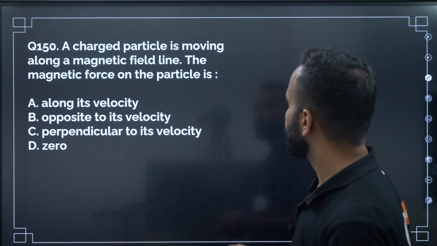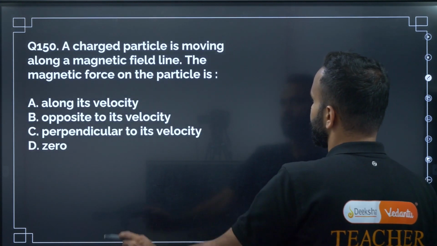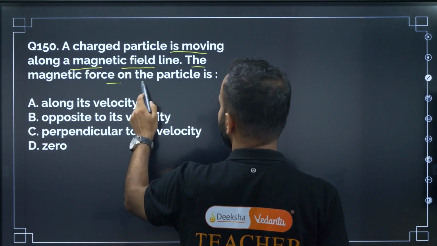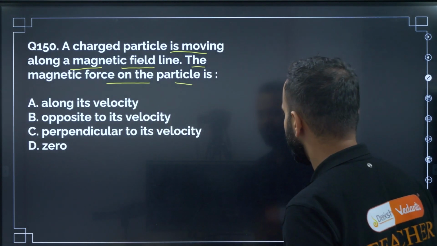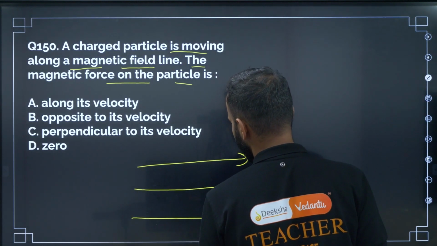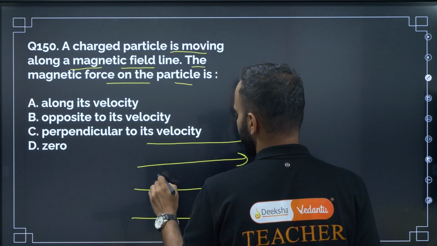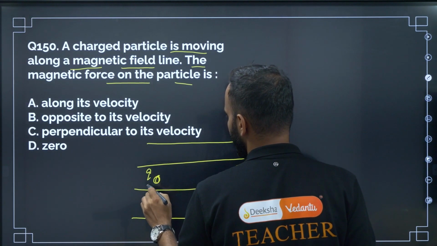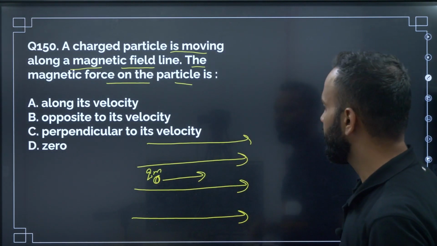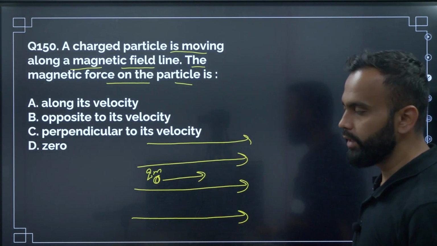The last question, question number 150. A charged particle is moving along a magnetic field line. The magnetic force on the particle is? So this is the direction of the magnetic field line, and the charged particle is moving along the direction of the magnetic field line. So what is the force on the particle?